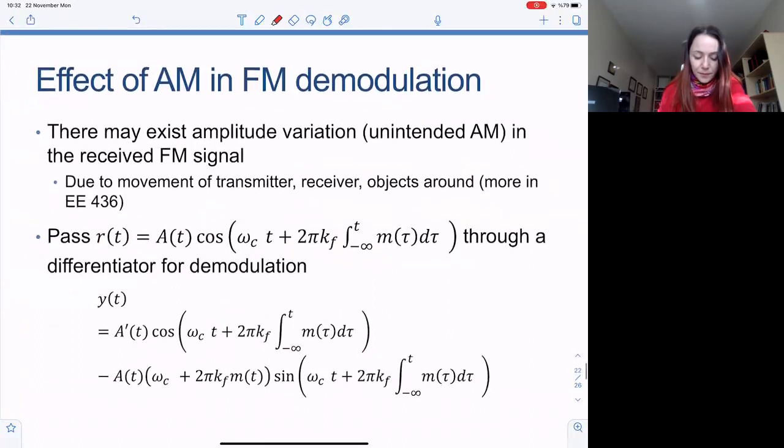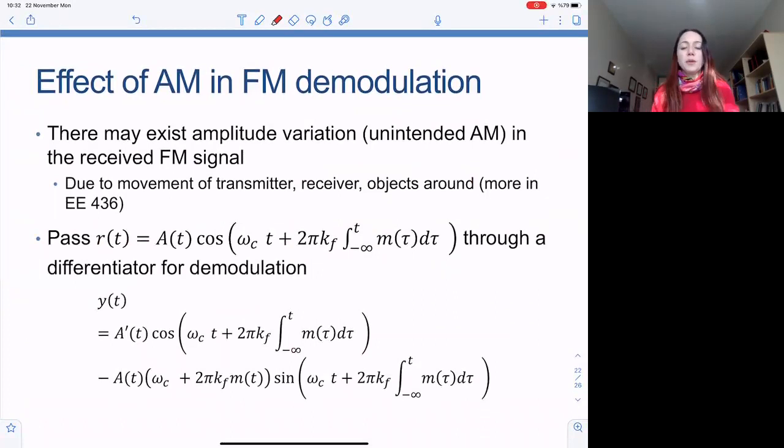Right. Now, FM demodulation, as we said, there is something called gain control in order to keep a constant gain, etc. But that also may not be sufficient.